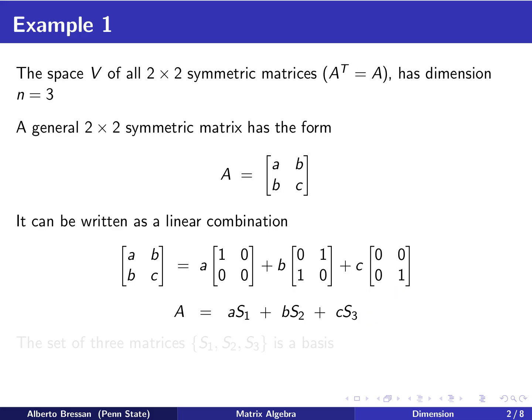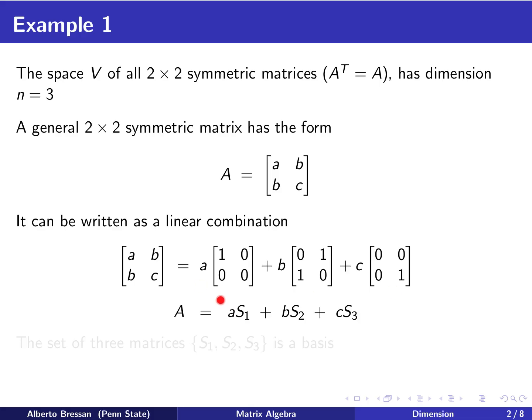And then once we have singled out these 3 matrices, we see that any 2 by 2 symmetric matrix with this form can be written as a unique linear combination of S1, S2, and S3 in the following way.